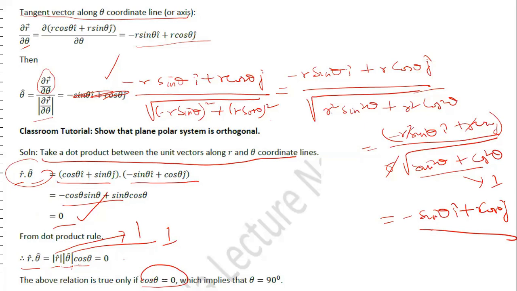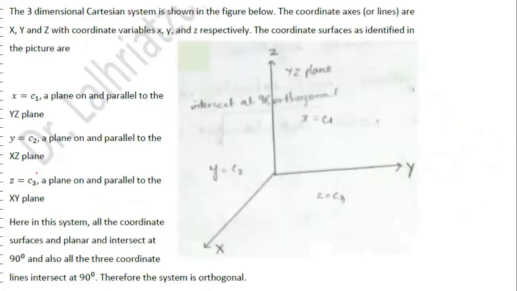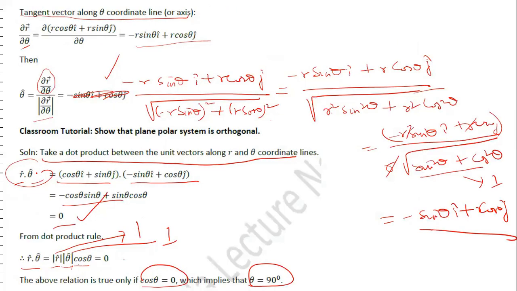The cosine is 0 only when the angle is 90 degrees. That means the angle between the r cap vector and the theta cap vector is 90 degrees. Right, the angle between the r cap and theta cap vectors is 90. So I think you can also see it something like this.